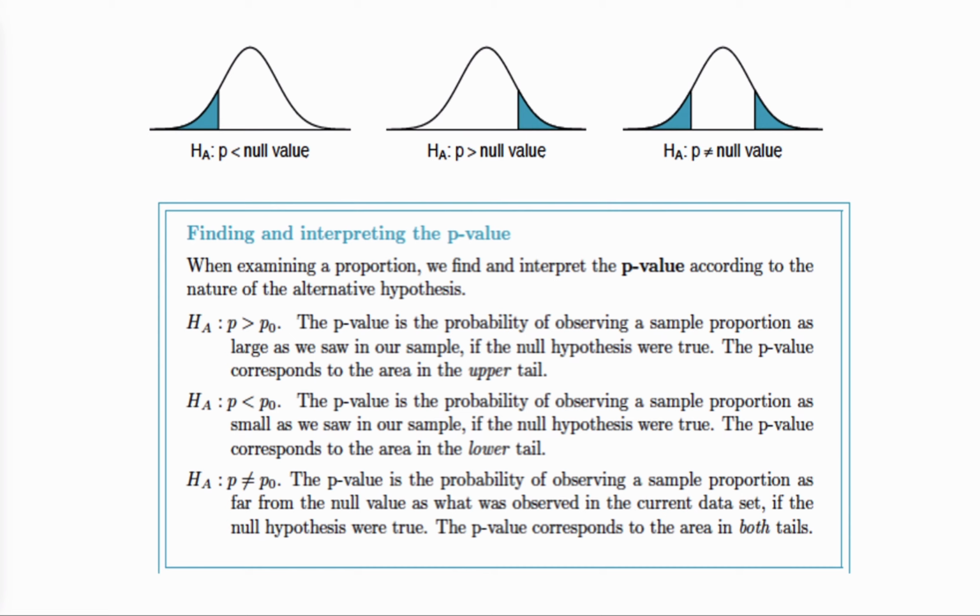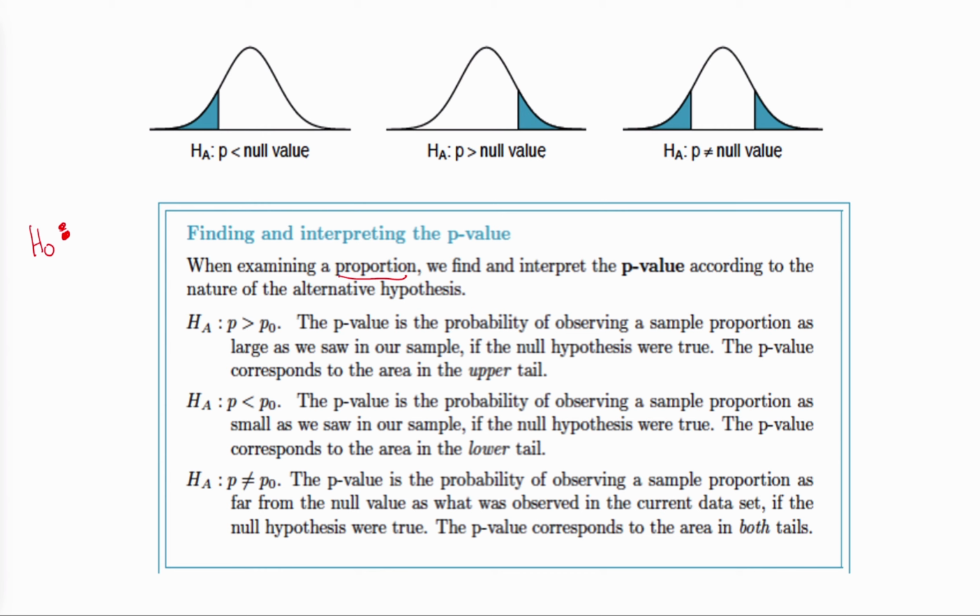Right? So when we're examining a proportion, we find and interpret the p-value according to the nature of the alternative hypothesis. Your null hypothesis for a proportion is the same as for a mean. It's not specific to a proportion. But let's use the example of the proportion because we're doing this here.